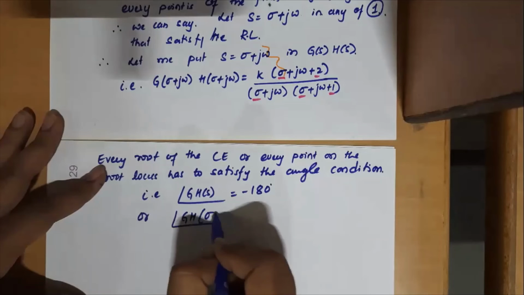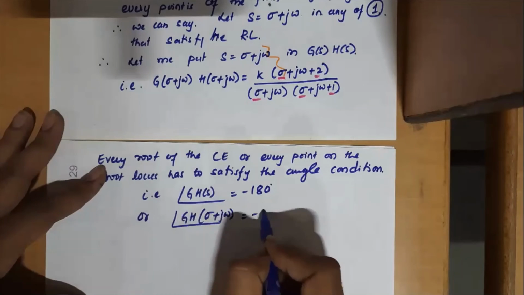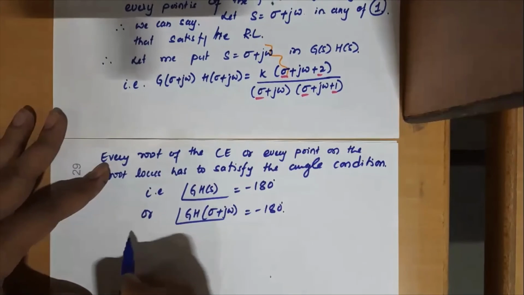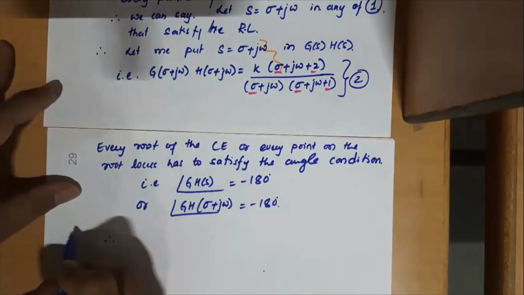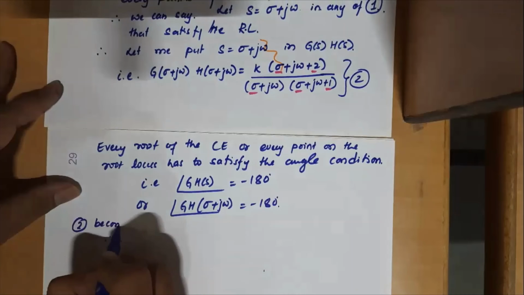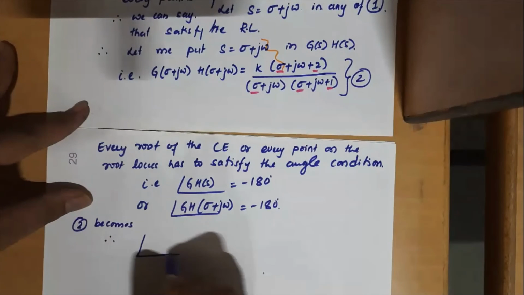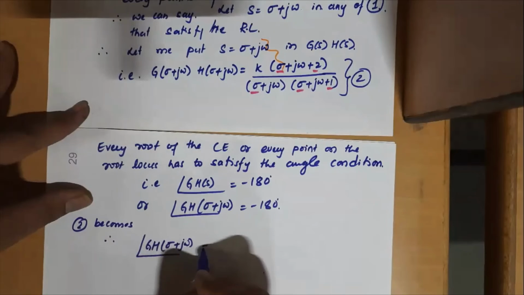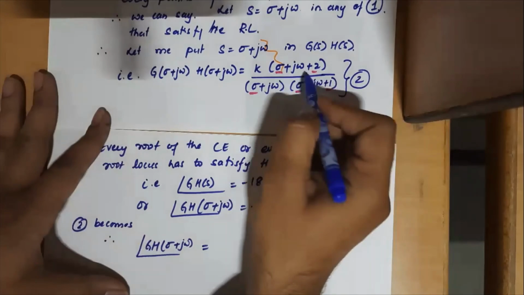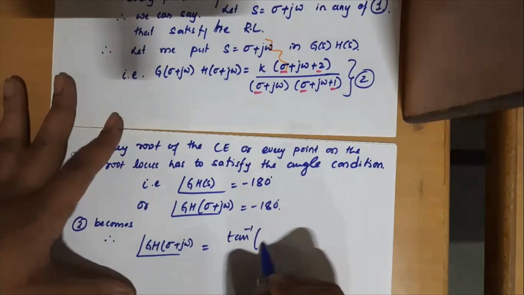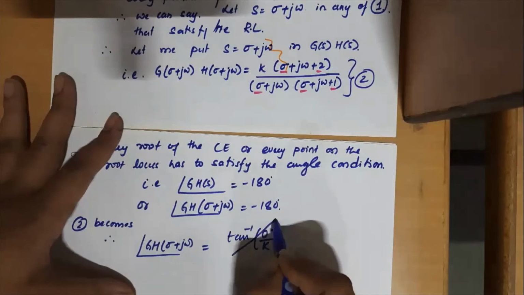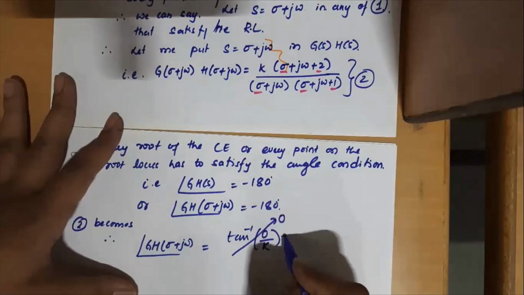Plus 180 and minus 180 are the same, but okay, it is 180 degrees. We will apply that condition for the given loop transfer function. So equation 2 becomes the angle of GH(j omega) equals the angle of K, which is 0, since K is real.